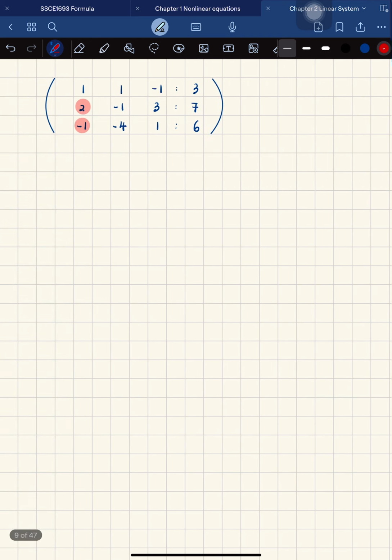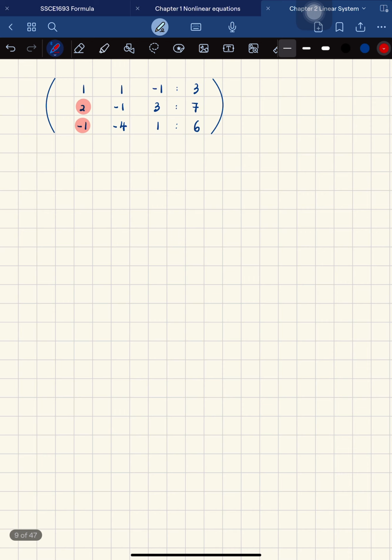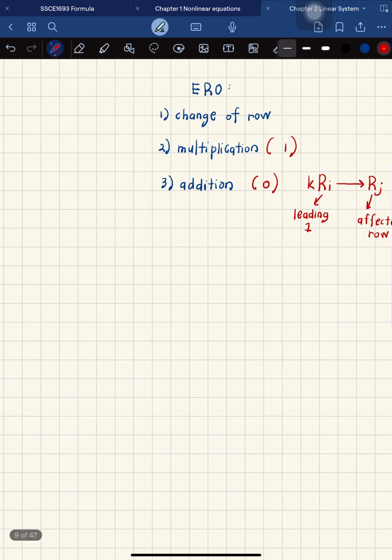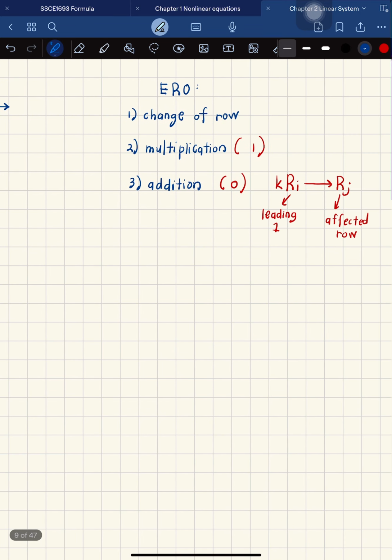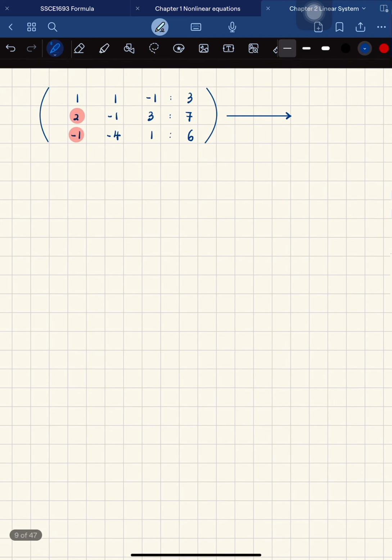Back to the question. Now we want to make 2 and negative 1 into 0, so we apply the addition operation: K times R1, the leading one row, plus the affected row.